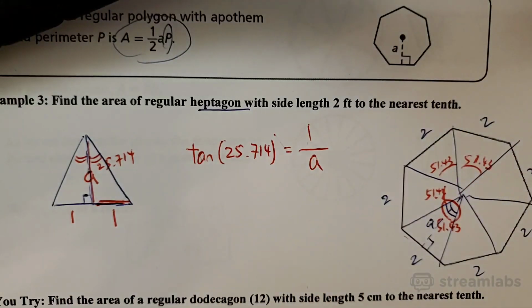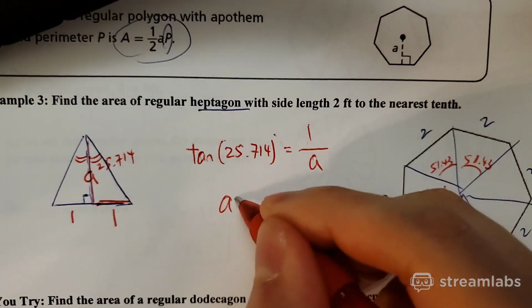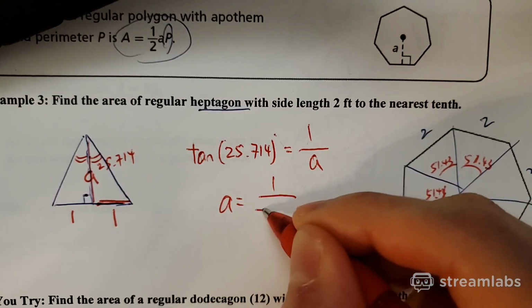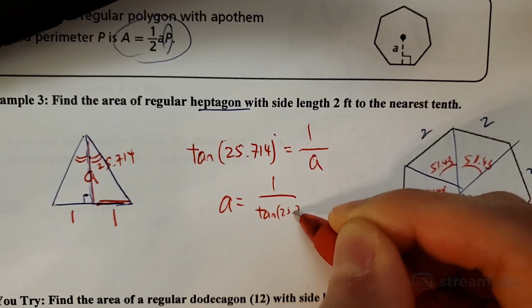If you forget your trig, this is one thing that you should know moving forward, all right? So it will be equal to 1 over tangent of 25.714.